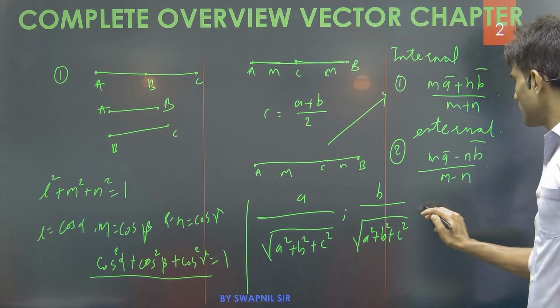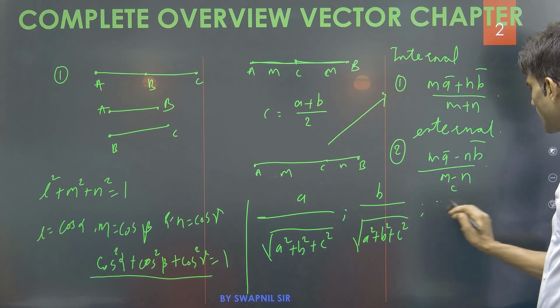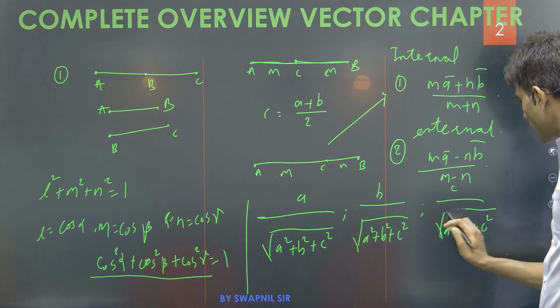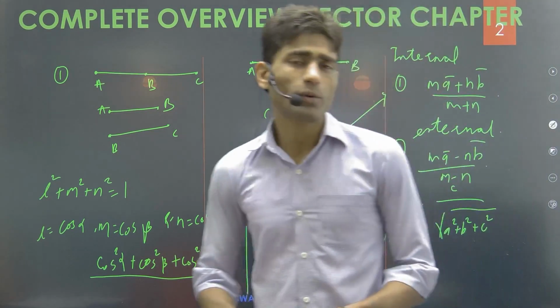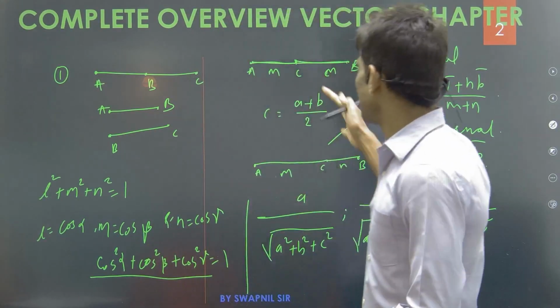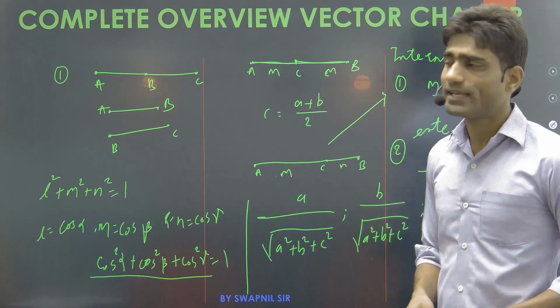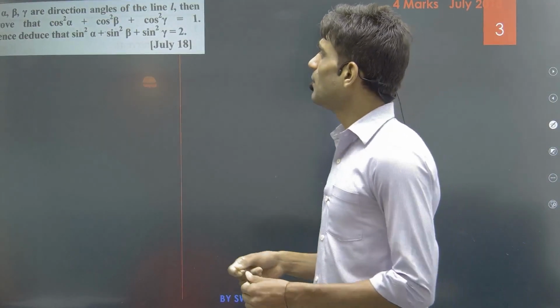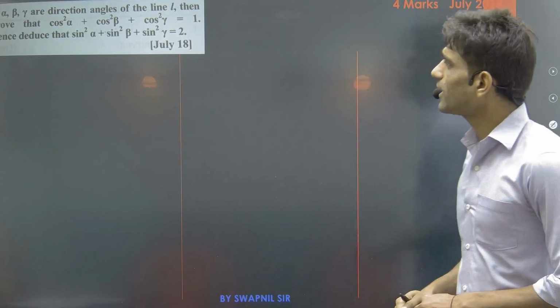And the third direction cosine is c upon square root of a square plus b square plus c square. These three are the direction cosines of our given vector. We are going to apply all these results in our subsequent examples. So we have the first example here.